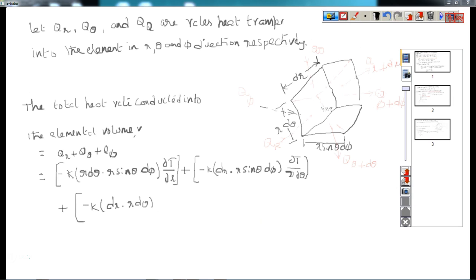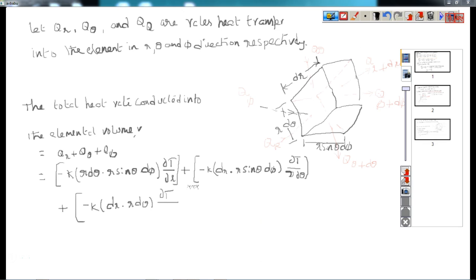See here, this is the area which is this one. Okay, right, now into dou t by, and what is the length of this one? It is going to be r sin theta d phi.